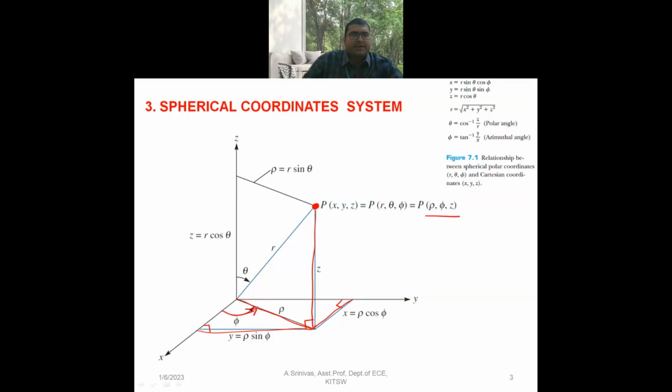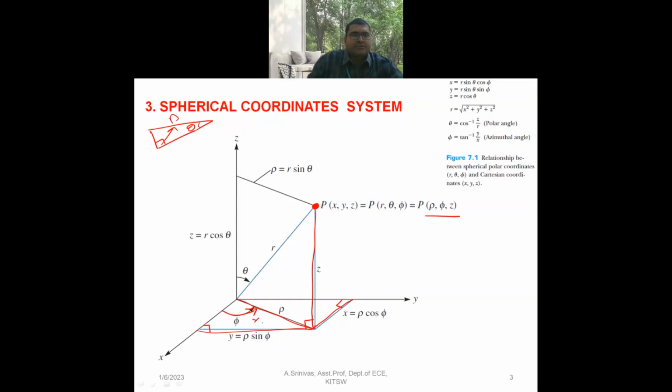This is the azimuthal angle. If you consider a triangle, this is the position of 90 degrees. Let us assume this is the angle phi. Then the side opposite to 90 degrees is the diagonal, and based on that, you can apply sine phi, cos phi as per your requirement.